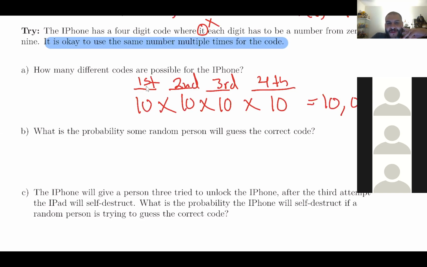So you want to use permutation if no number is repeating. So what is the probability that some random person will guess the correct code? Yeah, good. 1 out of 10,000. I'm not even going to attempt that as a decimal because it could be super small.